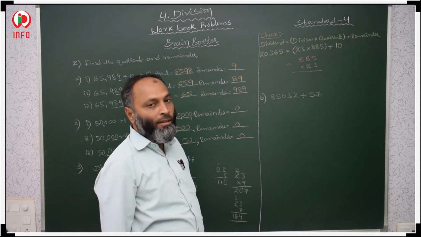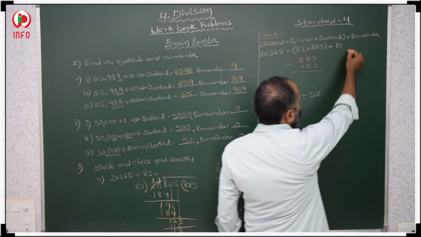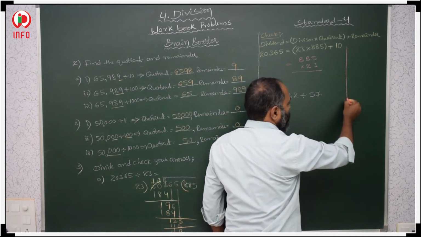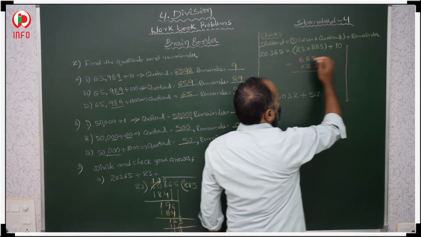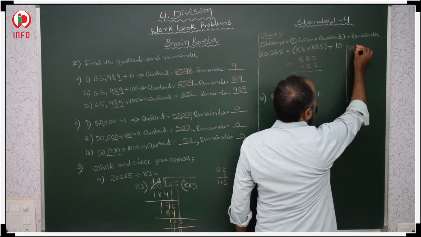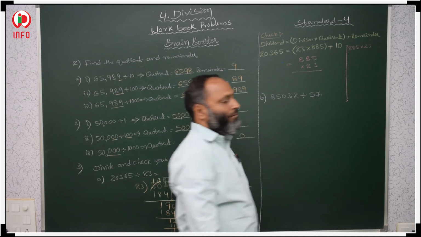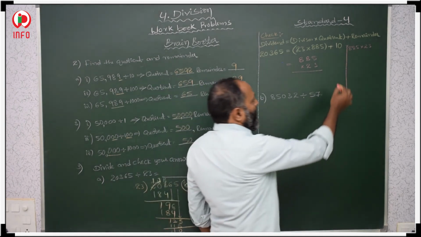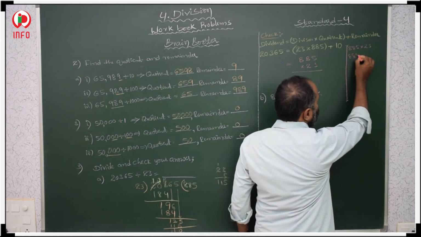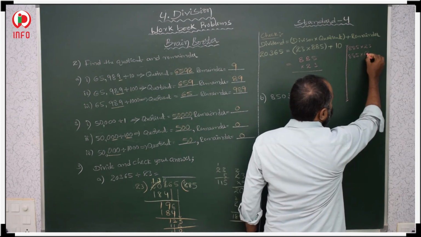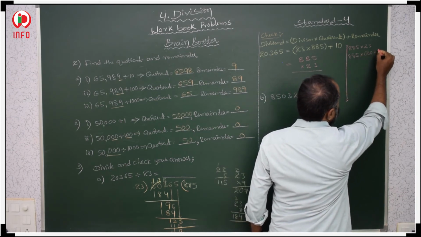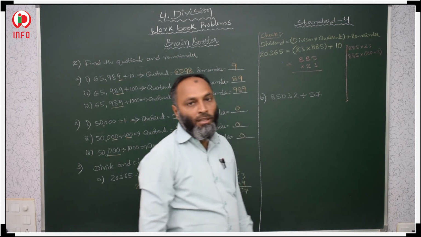885 with 23. So see here in rough column. 23 means 20 plus 3.